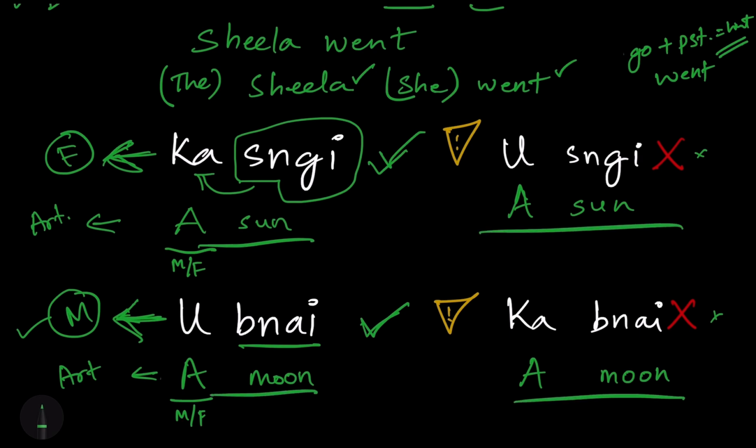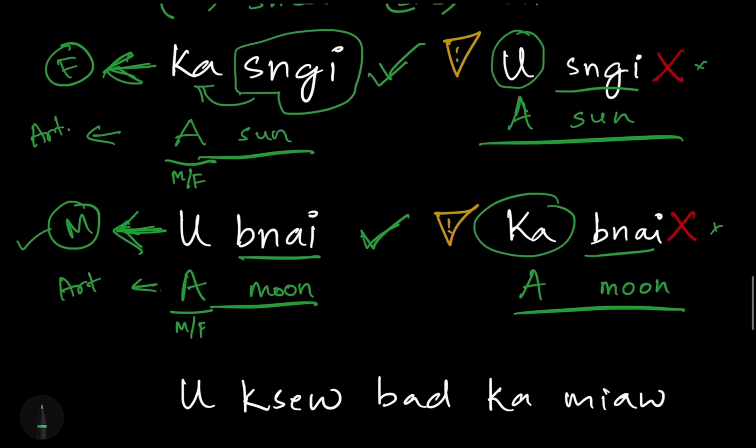In Khasi, you need to specify the gender. You cannot say u sngi or ka bnai. There's no shortcut, so you have to memorize. It's like French. I think even in Hindi they have gender.